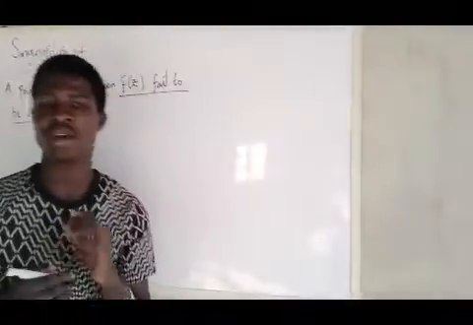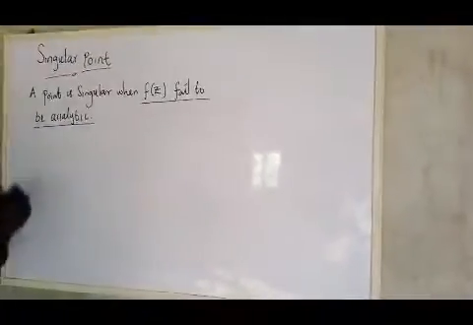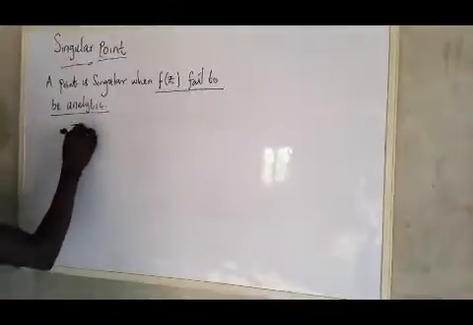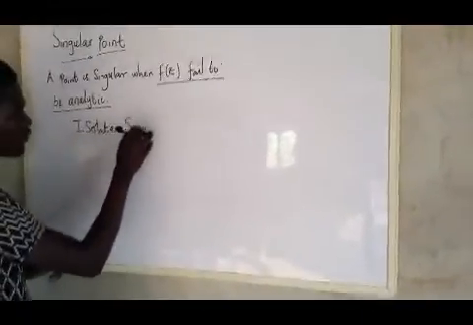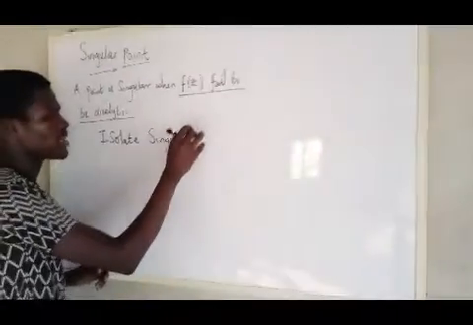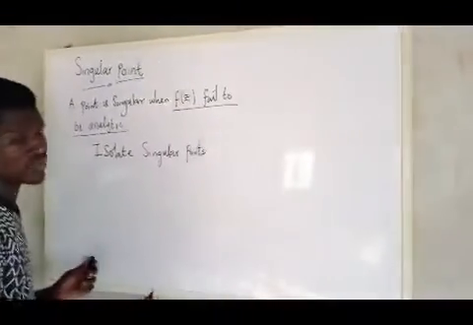Alright, so let's talk about types of singular point. The first type of singular point that we need to know is the one we call the isolated singular point. Now, when is a point said to be isolated?